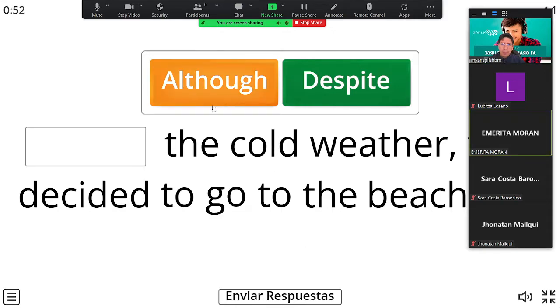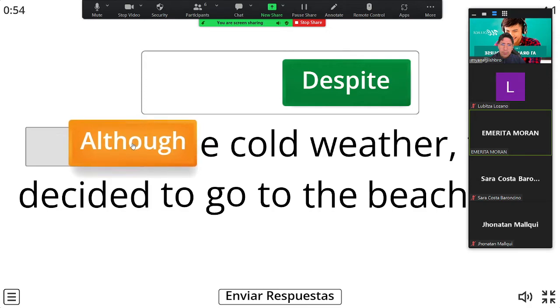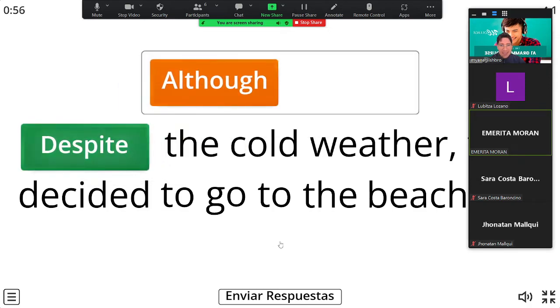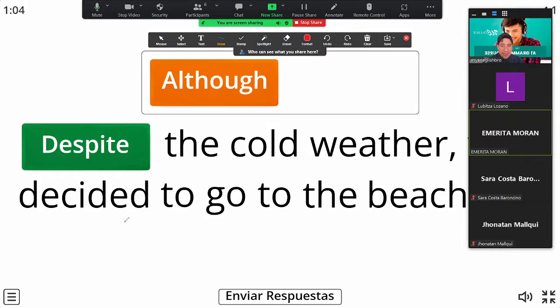Although the cold. Okay, despite the cold weather, they decided to go to the beach. Okay, well, that's amazing. Here, remember to say decided, right? But this D is between two vowel sounds, so you pronounce it like R. Decided.